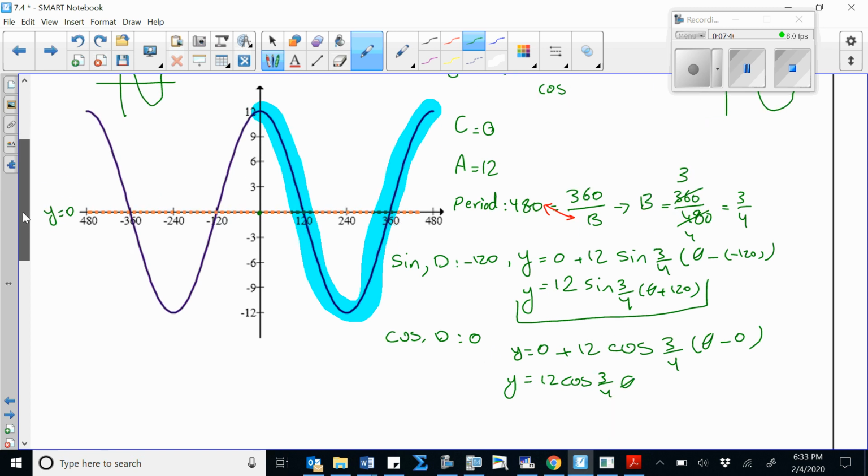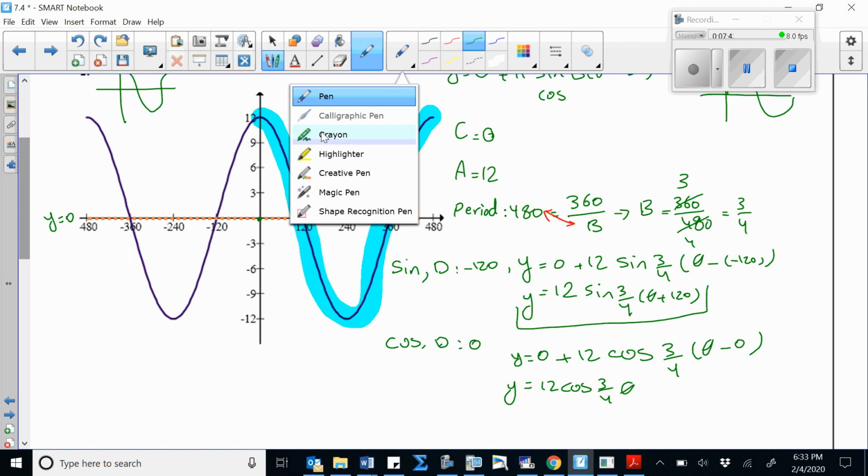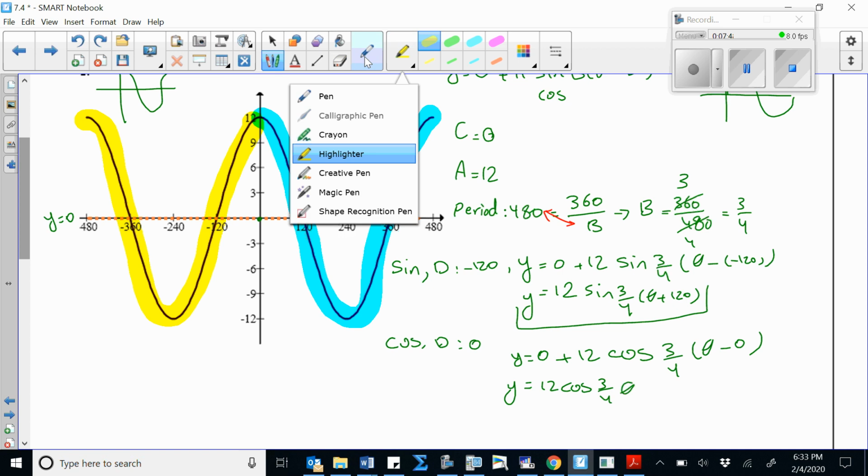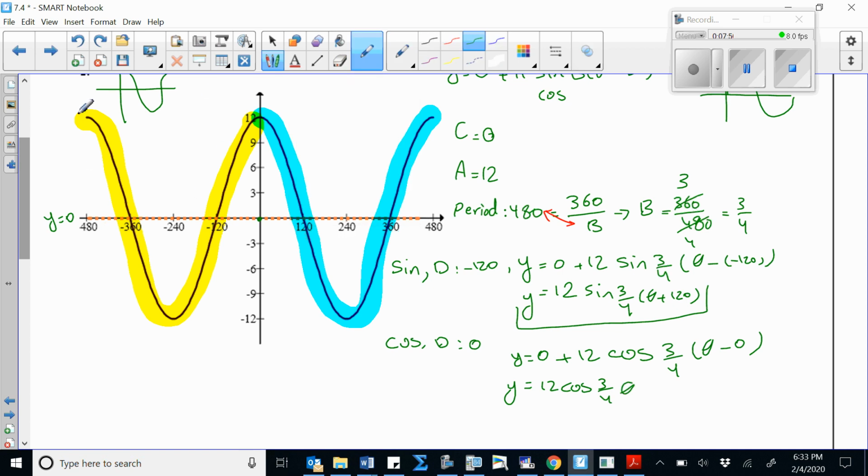I could also write another cosine function here, like this yellow one. This is also a cosine function. The horizontal shift for this one is at negative 480. So the second cosine that I can write is when I have the horizontal shift of negative 480.